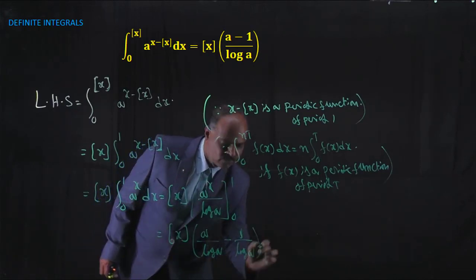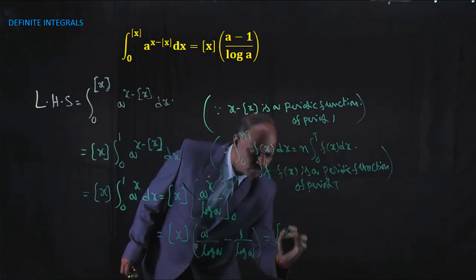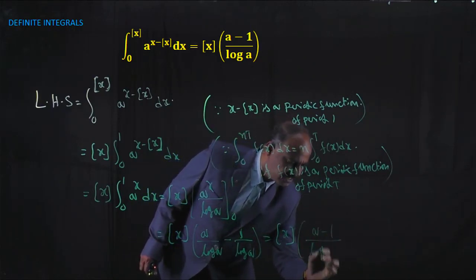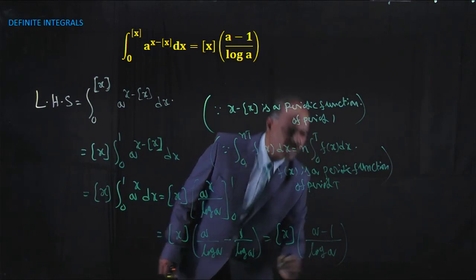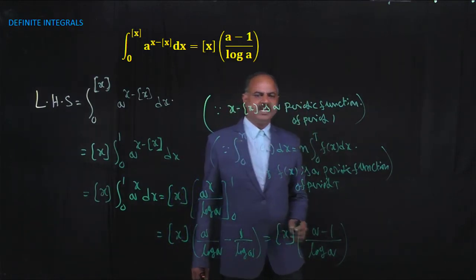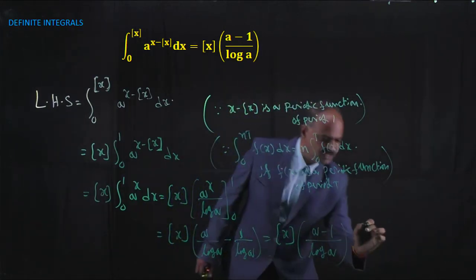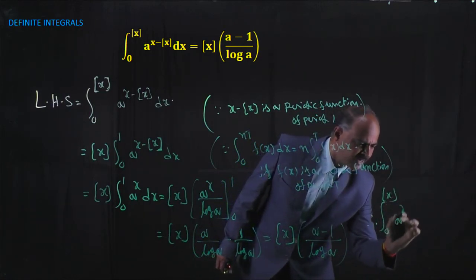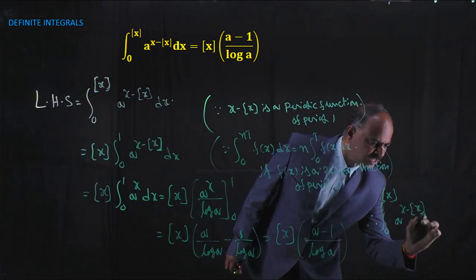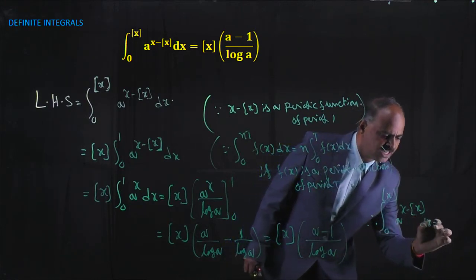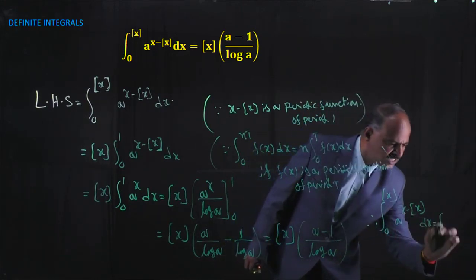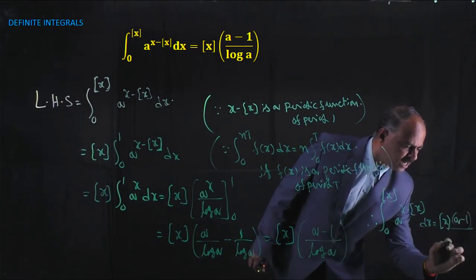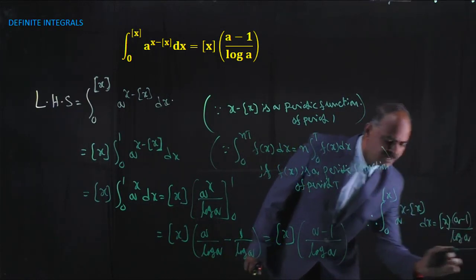Now this is equal to floor x into (a minus 1) by log a. Therefore integral 0 to floor x of a to the power x minus floor x dx equals floor x into (a minus 1) by log a.